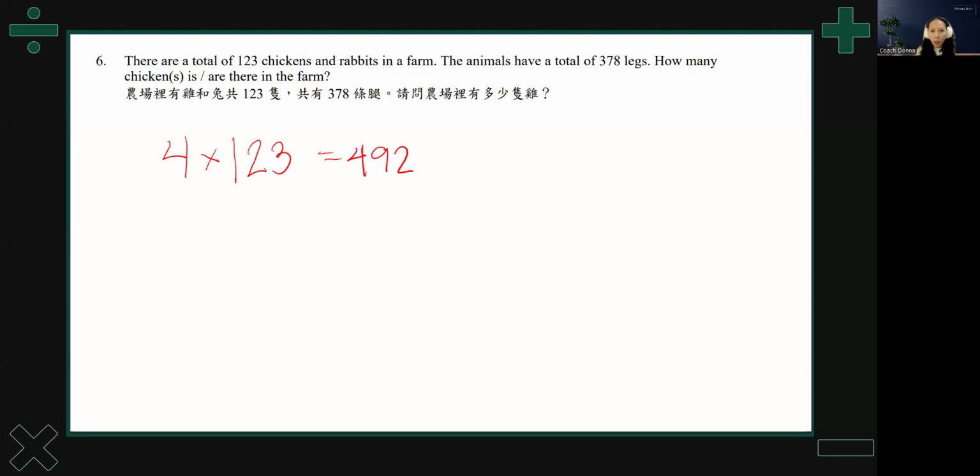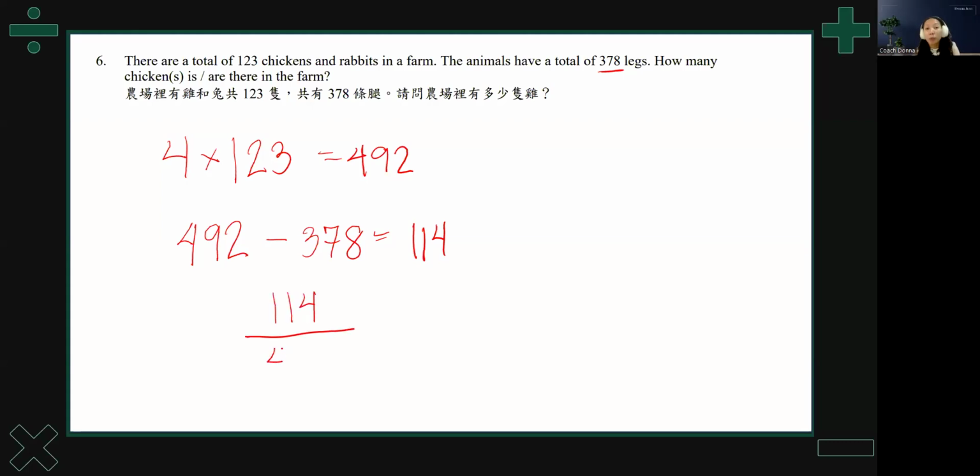Now, 492 total legs if it's all rabbits. But remember, we also have chickens and we can only have 378. So that 492 right there minus 378, we will have 114 as the difference. So if you have 114, divide it by the difference between the number of legs.